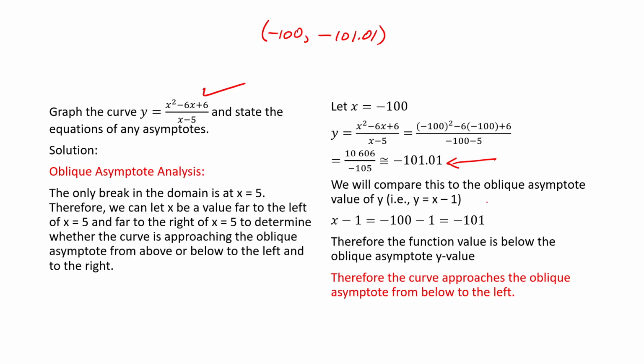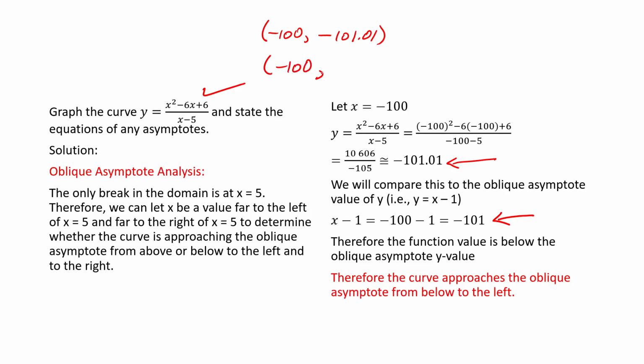Okay, good enough. Now let's compare that to the oblique asymptote value of y. In other words, what does y equal if x is negative 100 and we're plugging it into the oblique asymptote expression? Well, when we do that, we get negative 101.